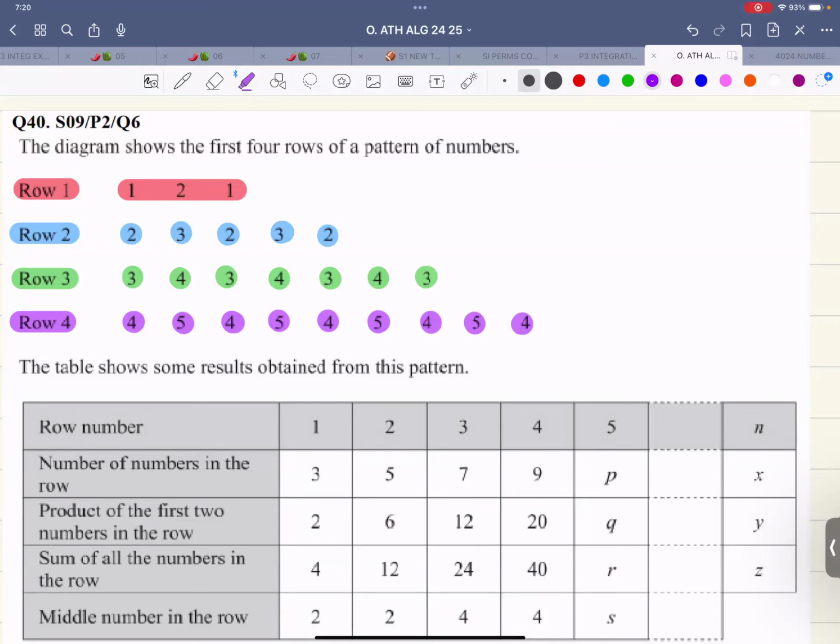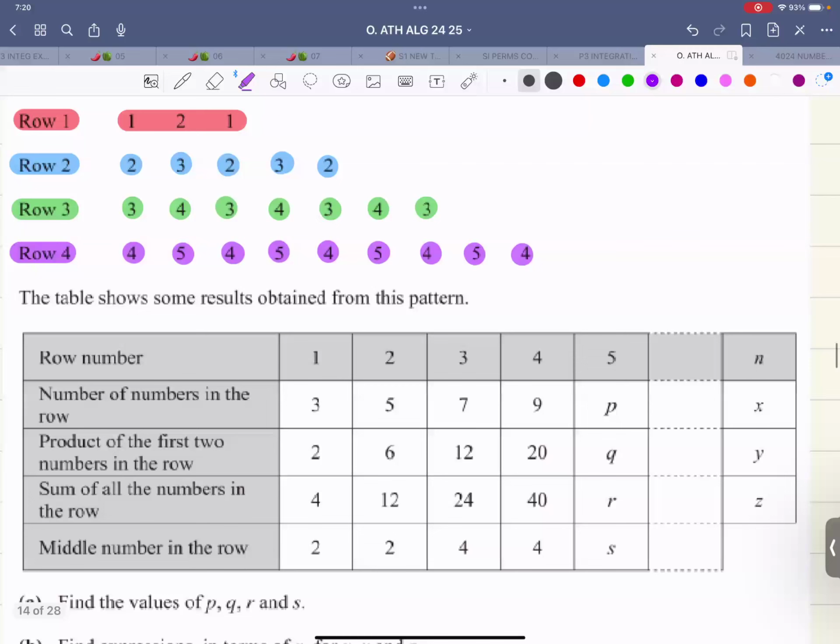So now the numbers are increasing in this manner. Now it says the table shows some results obtained from this pattern. Now these were samples. This is 1, 2, 1, starting with 1. So 1, increase 1, decrease 1. Starting with 2, increase 1, decrease 1. Starting with 3, increase 1, decrease 1. Starting with 4, increase 1, and then decrease 1.